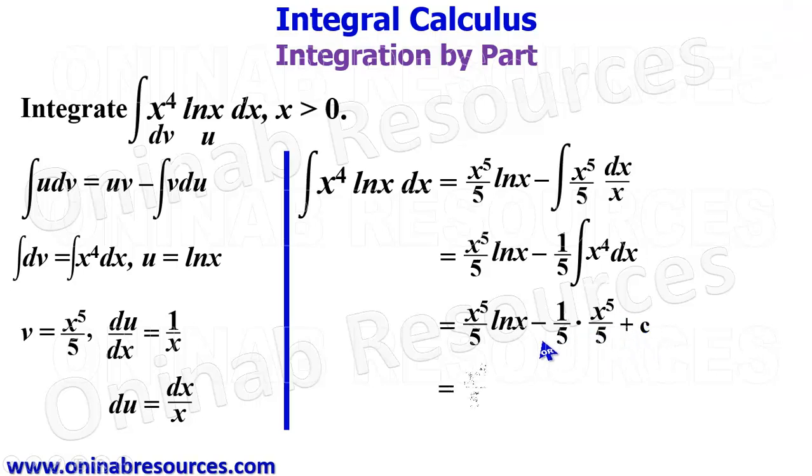Simplifying this side, we have x raised to power 5 over 5 ln x then minus x raised to power 5 over 25 plus c. And then if you have the time, you can simplify further, but this is where we are stopping for the final solution of this problem, and this is where we are ending this tutorial.